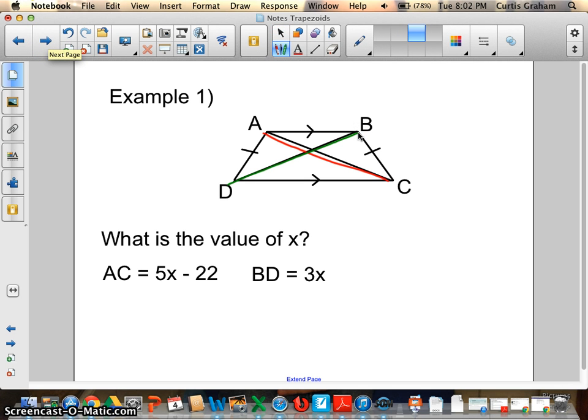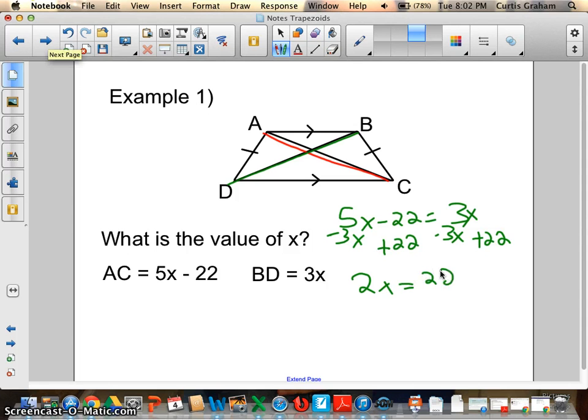Since they're diagonals in an isosceles trapezoid, they are congruent, so I can set them equal. I will add 22 to both sides and subtract 3x. So I have 2x is equal to 22, which means that x is equal to 11.